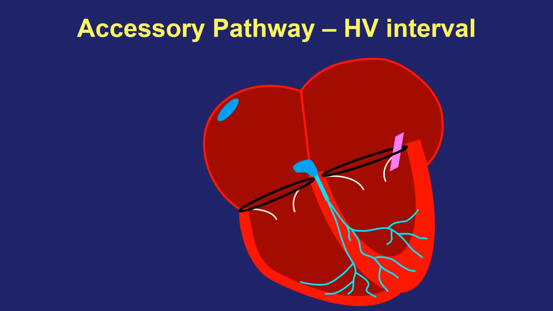Now the question comes up, how does that HV interval change when you have a different way to get down from the atrium to the ventricle with an accessory pathway? And here's how this would work.